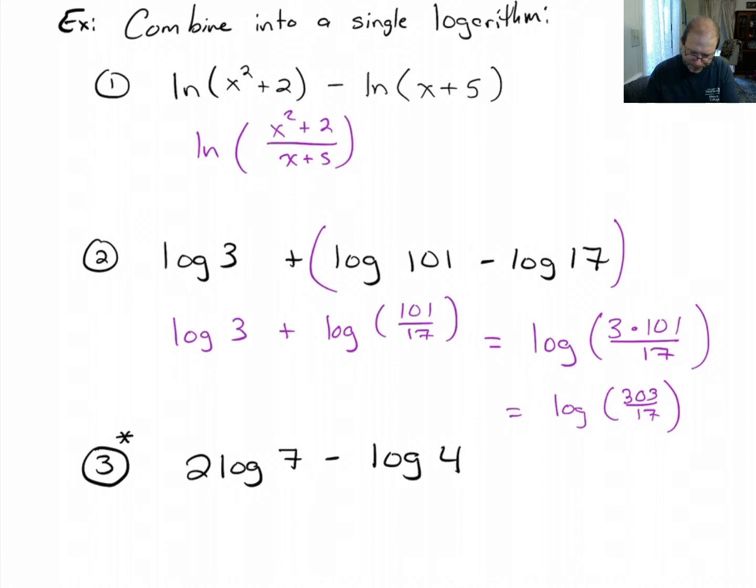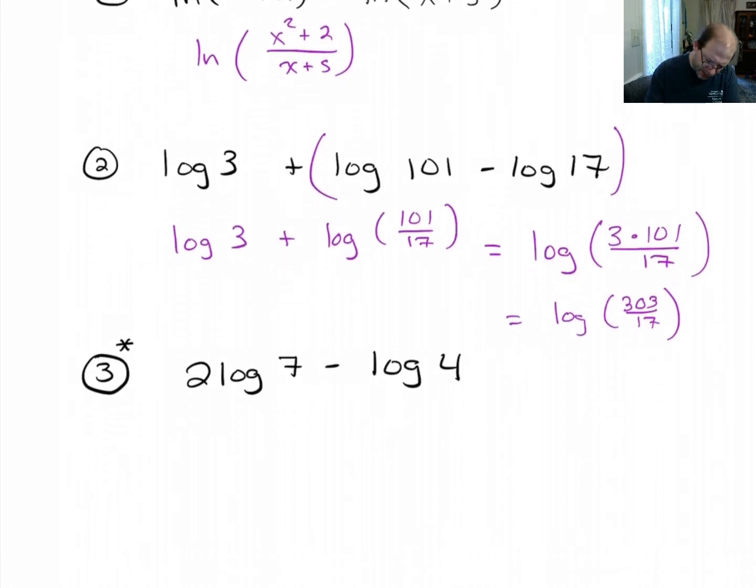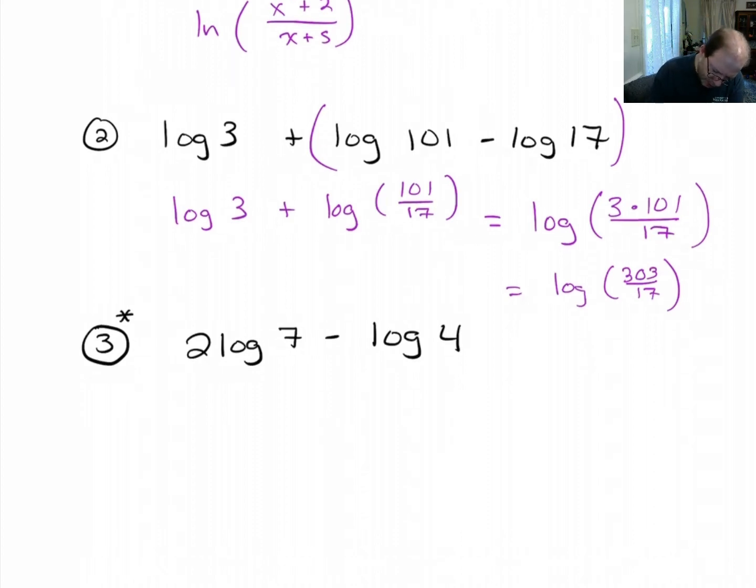All right. Now this last one I've got a star next to because this one has something we've got to deal with first. It's got this 2 in front. So we can't just plow straight into this one. We've got to deal with the 2 first. Now, what I'm going to do here is I'm going to do this the long way.